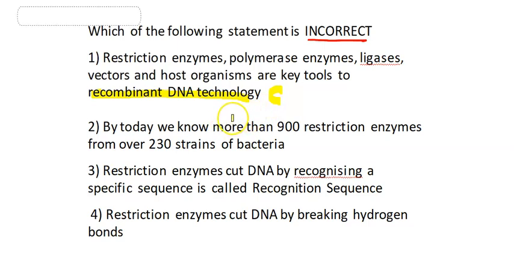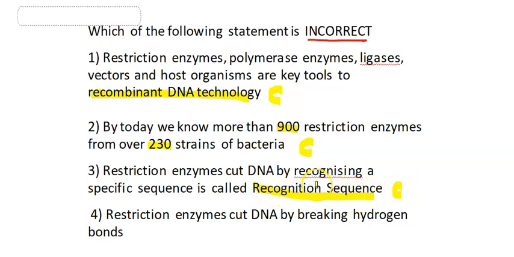Actually, we need to find the incorrect statement. Next option: by today, we know more than 900 restriction enzymes from over 230 strains of bacteria. This is also a correct statement, directly from your NCERT book. Option 3: restriction enzymes cut DNA by recognizing a specific sequence called the recognition sequence. That is also a correct statement.